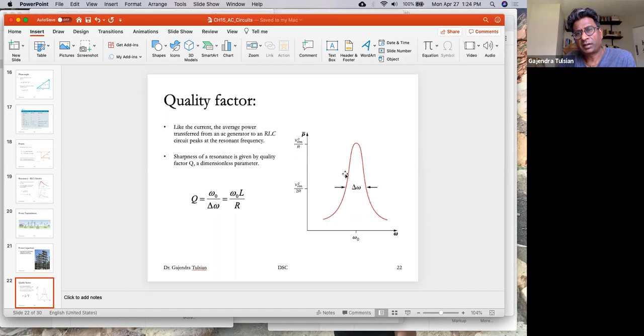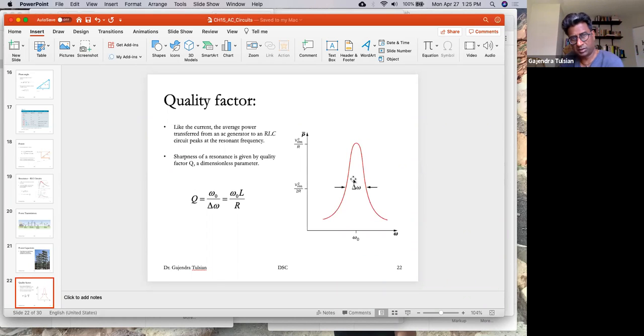The quality factor tells you how sharp this peak is. This is the power delivered to the circuit. For frequencies slightly different from the resonant frequency, the power delivered falls off dramatically. The quality factor is defined as the resonant frequency divided by the width of this peak, where the width is measured at half maximum power.